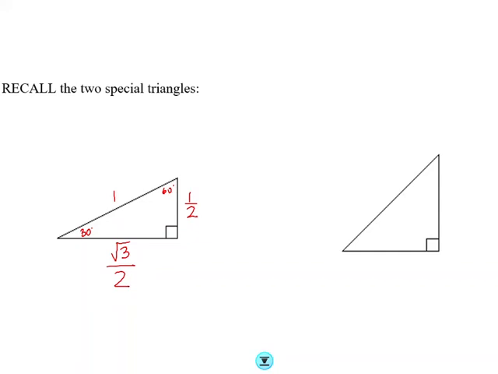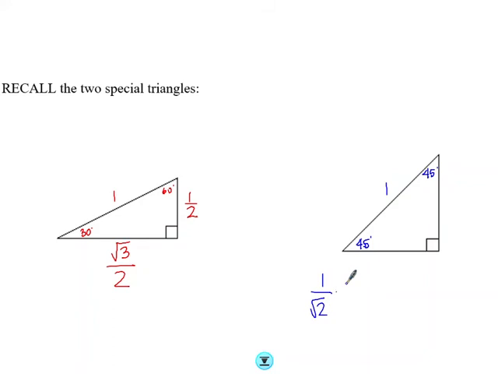Our other special right triangle is a 45, 45, 90 triangle. If we let the hypotenuse be 1, then from our special right triangle rules, we know that the legs will be the hypotenuse divided by square root of 2.